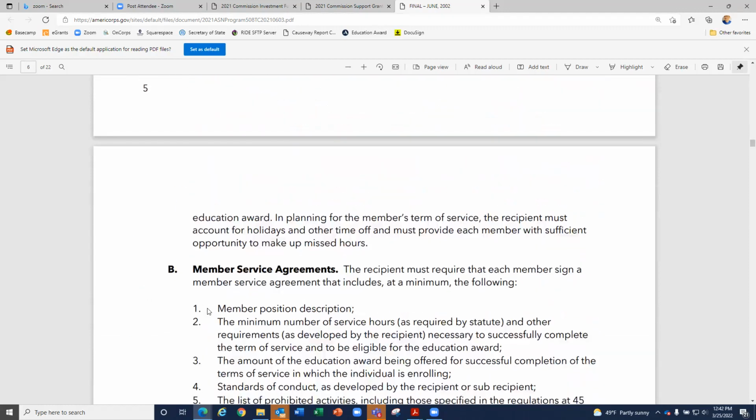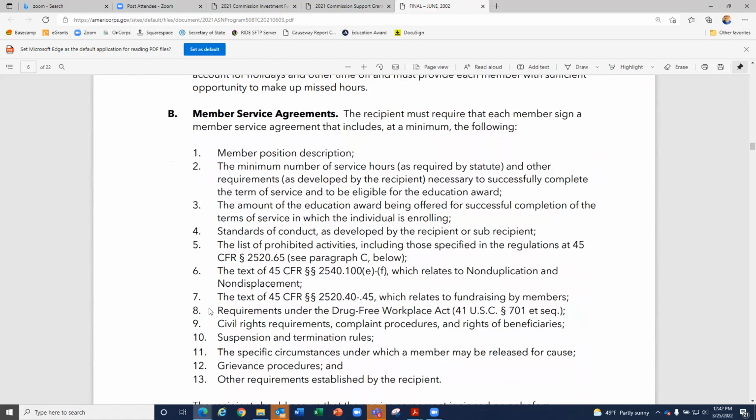Trying to think if there's anything super important. Every Americorps member has a written member service agreement. We will provide you with a template for developing a contract called the member service agreement that is signed by you and the Americorps member.